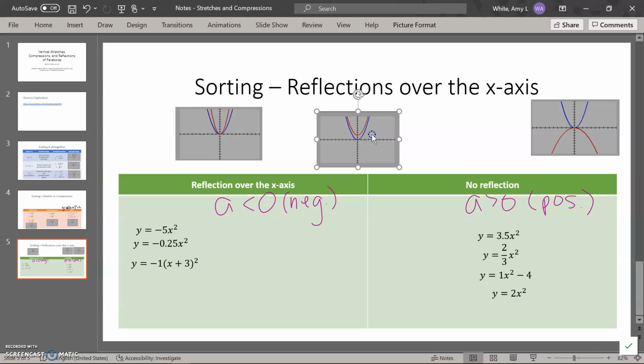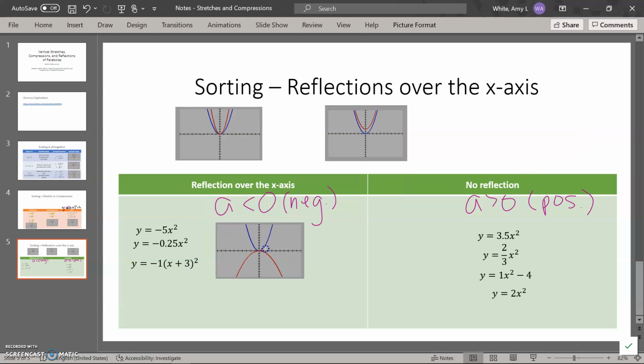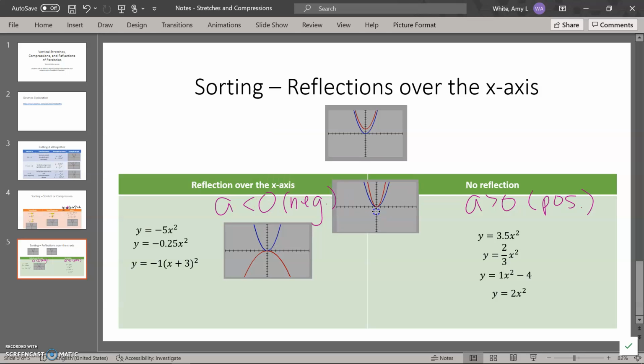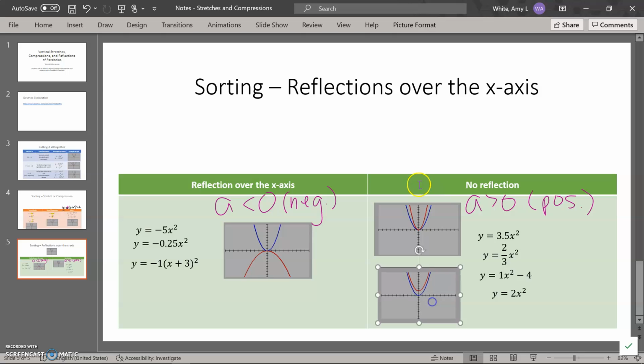Now, which one of these graphs do you think shows a reflection over the x-axis? This third graph shows a reflection because now the graph is opening down instead of up. These two graphs still open upwards, so they do not show a reflection. And that is how we identify vertical stretches and compressions of parabolas.